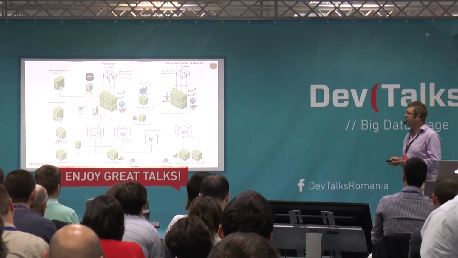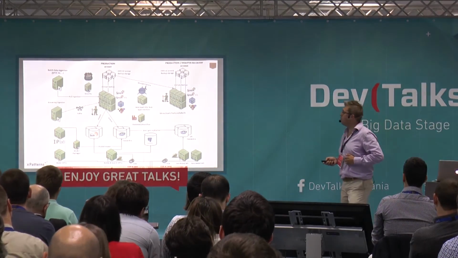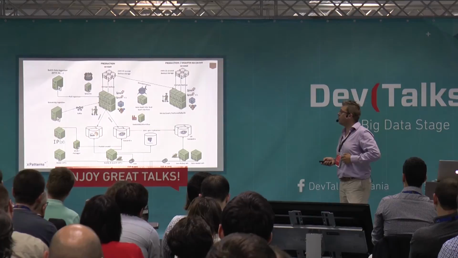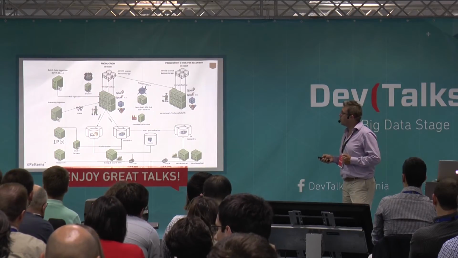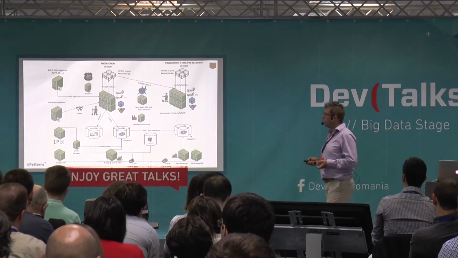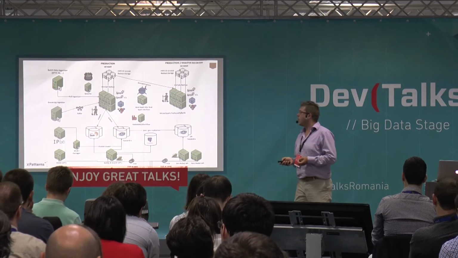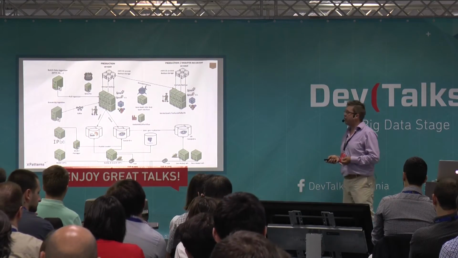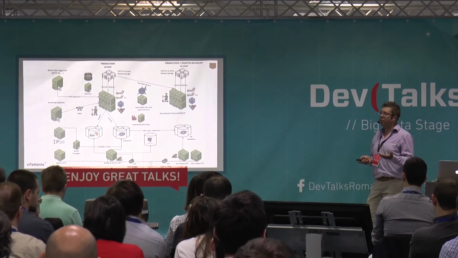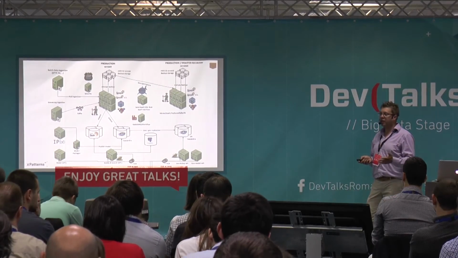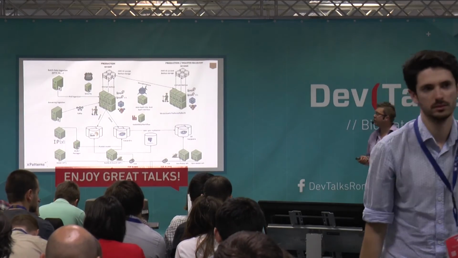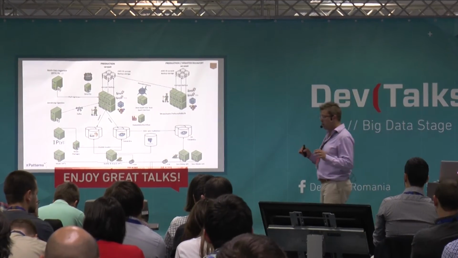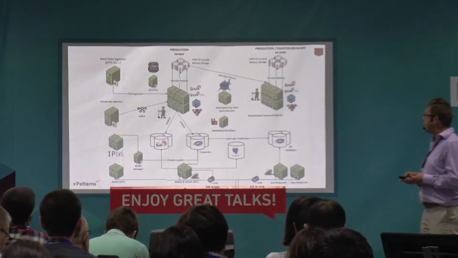I will get into detail at the proper moment. And we also have Spark Job REST, which is another open source project that provides REST APIs for Spark to create contexts and to run different jobs on the same context, kind of a shared context between jobs.